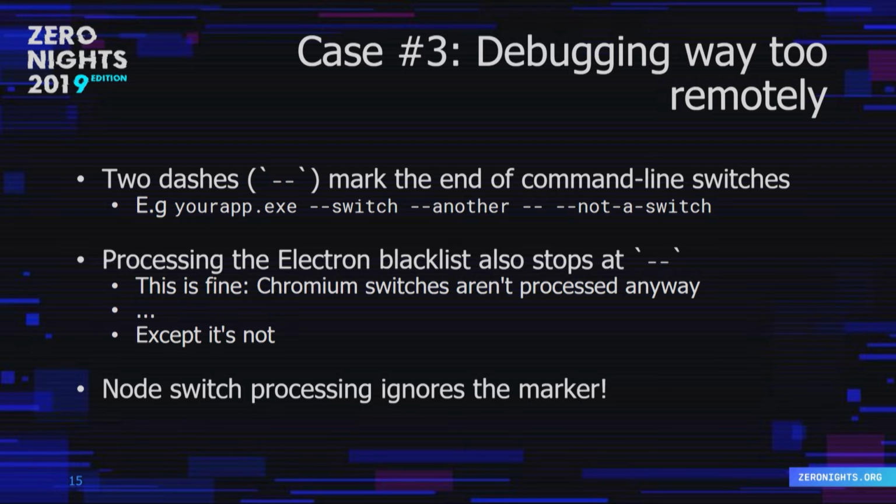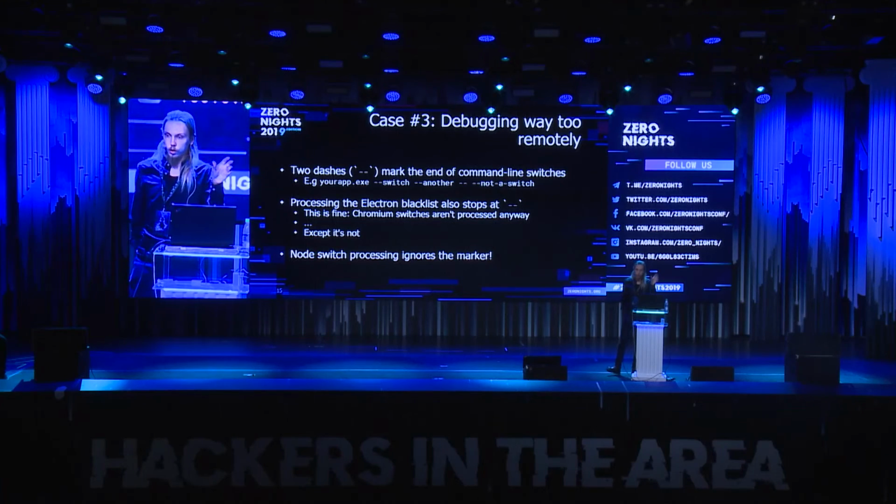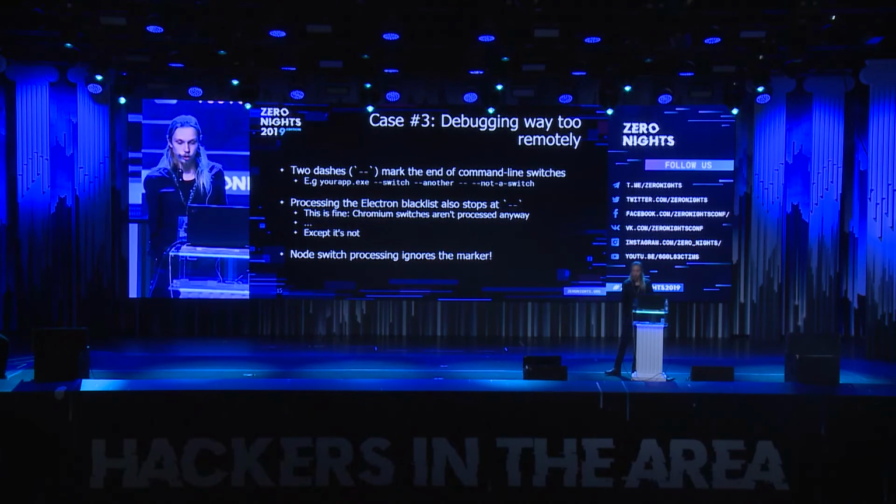But because the original patch was based on comparing a list of command line switches against the invocation of the app, it would also make sense to stop processing that blacklist once you found the double dash that's supposed to end your processing of command line switches. So that's what they actually did.